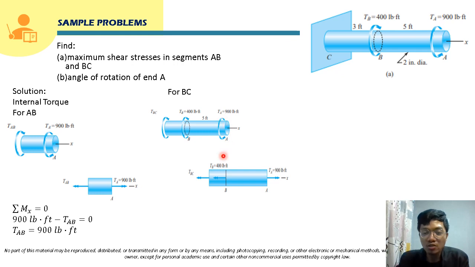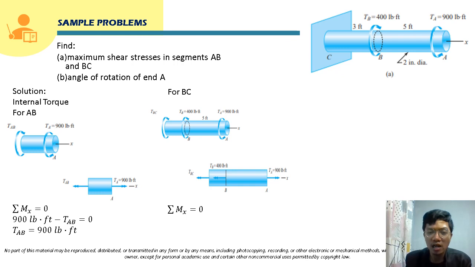For this torque, the double-headed arrow here will be pointing away from the cross-section, and for this one, the double-headed arrow will also be pointing away from this cross-section, and also for this one, the double-headed arrow will be pointing away from the cross-section.